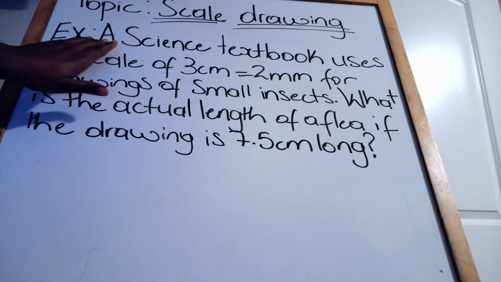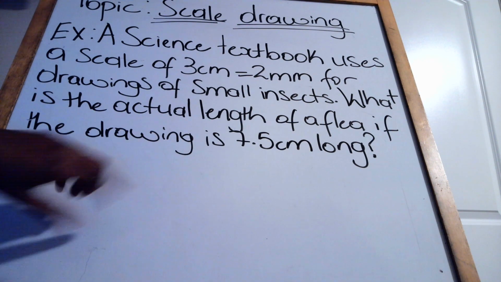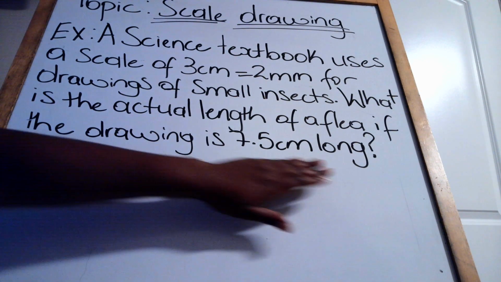It says, a science textbook uses a scale of 3 centimeters equal 2 millimeters for drawings of small insects. What is the actual length of a flea if the drawing is 7.5 centimeters long?